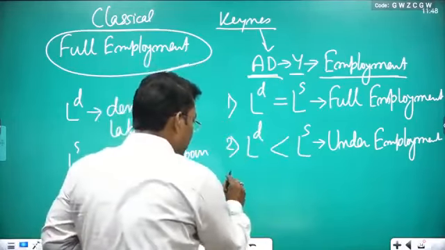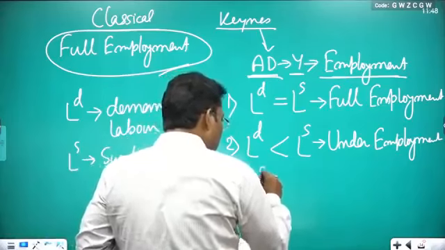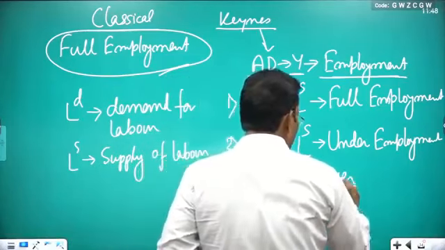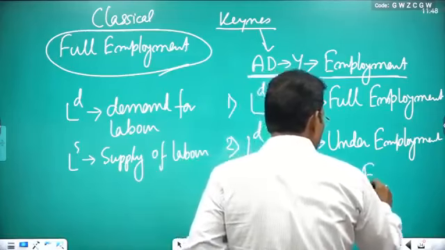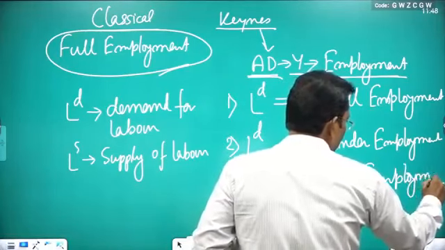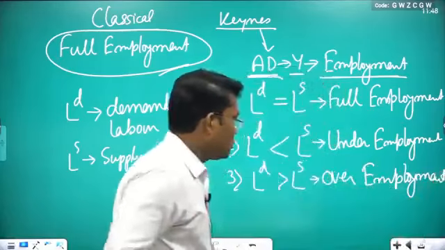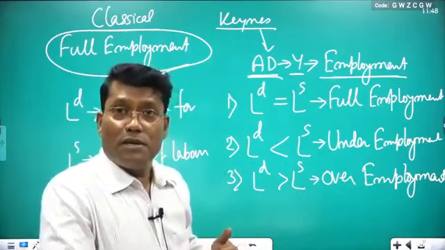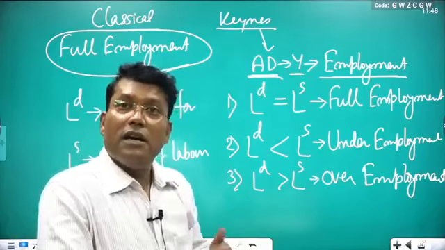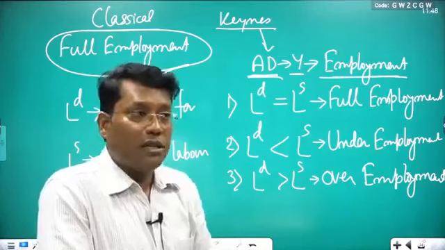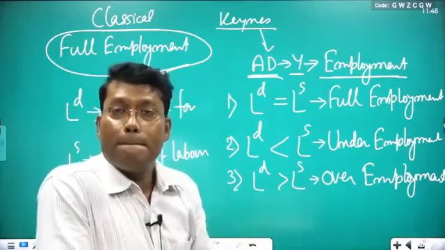Third condition: when labor demand is more than labor supply, it is known as overemployment. Just take the example of IIT Kharagpur or IIM Kolkata.